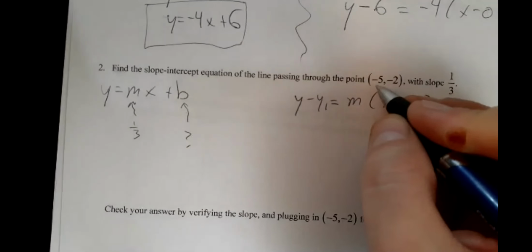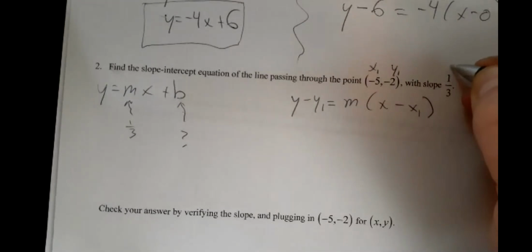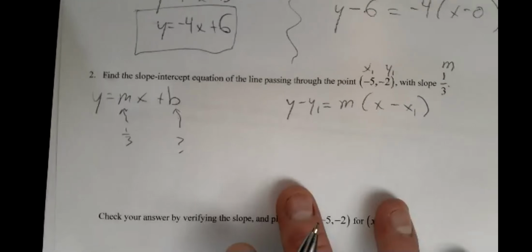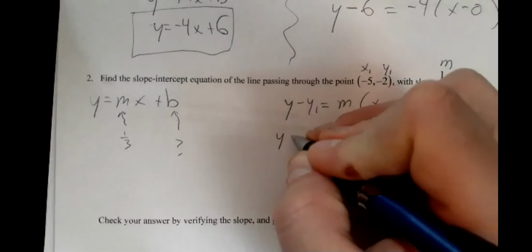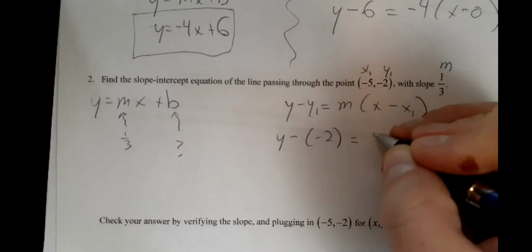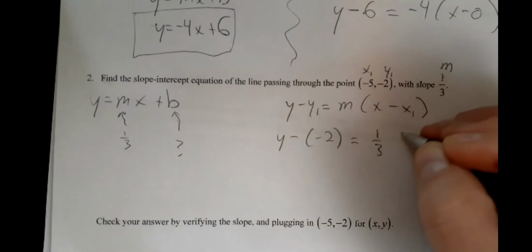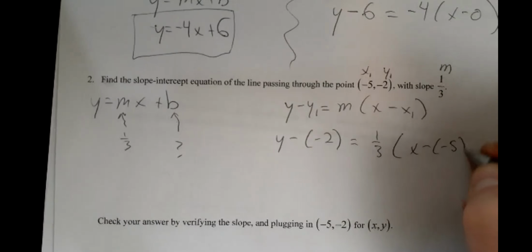And so we have a point (x1, y1). This is our slope m. We do y minus y1, and this is equal to 1/3 of x minus minus 5.